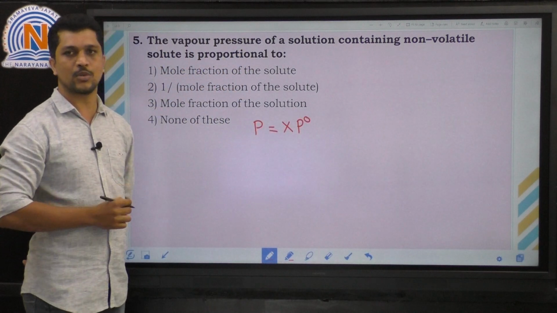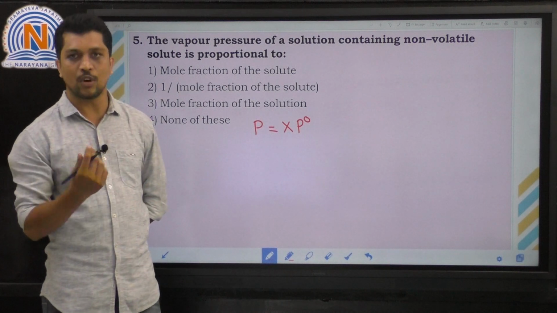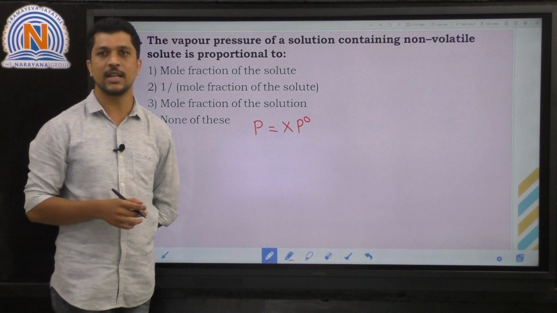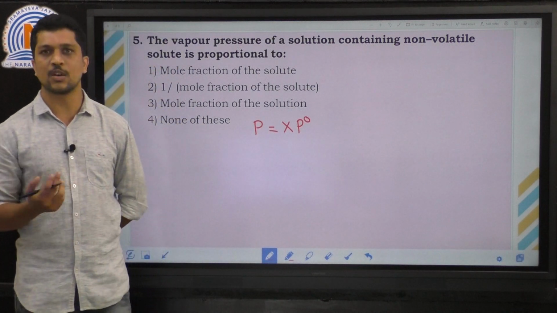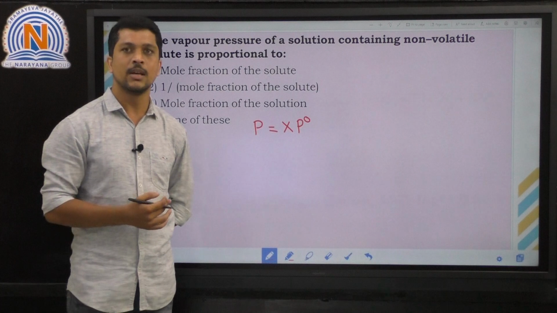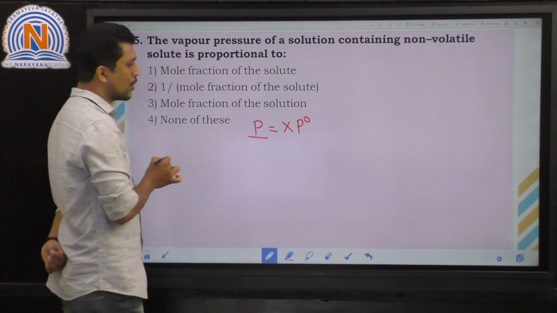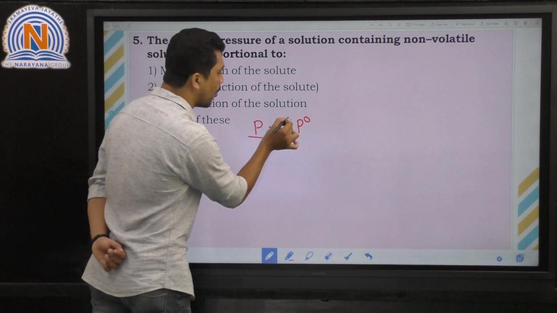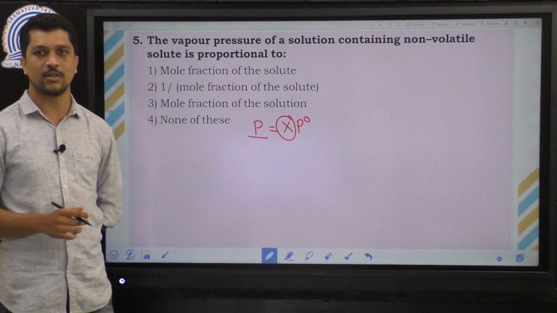Here the solution contains a non-volatile solute, so the solute vapor pressure is equal to 0, that is, negligible. So the vapor pressure of the solution, P, is directly proportional to the mole fraction.